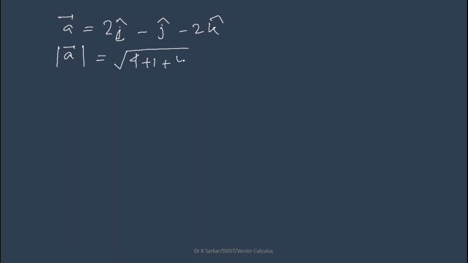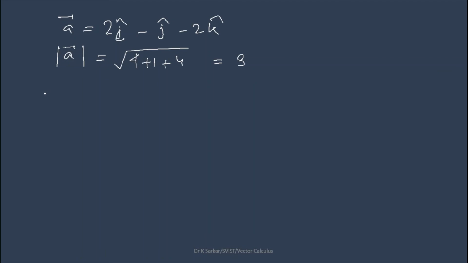Okay, so a is 2i minus j minus 2k. Mod a is square root of 4 plus 1 plus 4, square root of 9, that is 3.